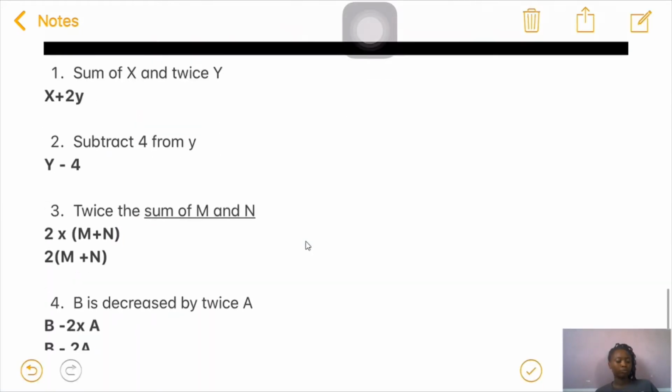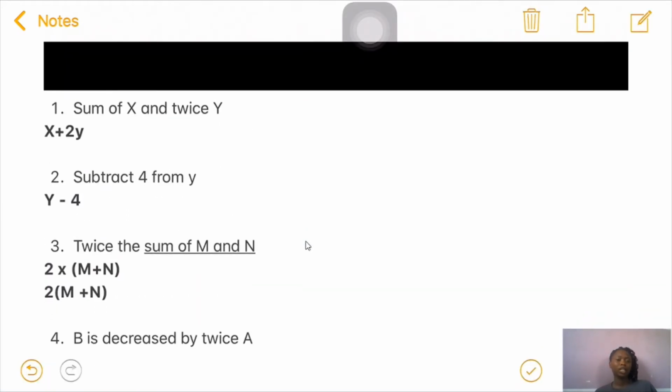So let's take the pizza again. We have a whole box of pizza. B stands for, I wanted to say Burger King. So B stands for a whole pie of pizza, and it's being decreased by twice a.